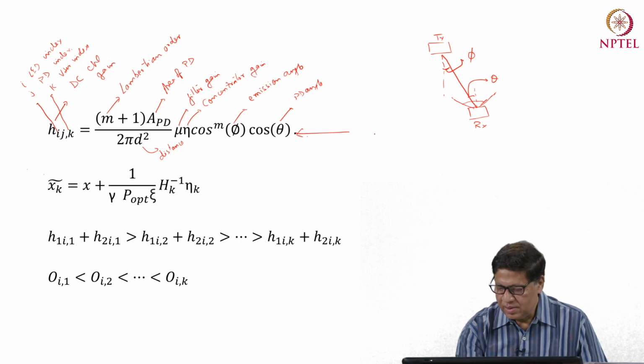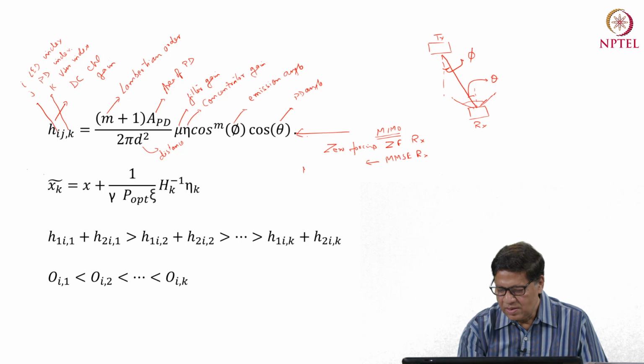Now, remember when we were discussing MIMO, we discussed two types of receiver. One was the zero forcing receiver, and the other was MMSE, the minimum mean square error.